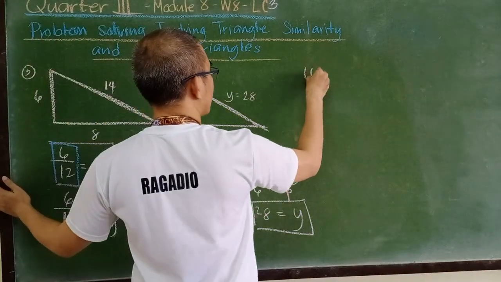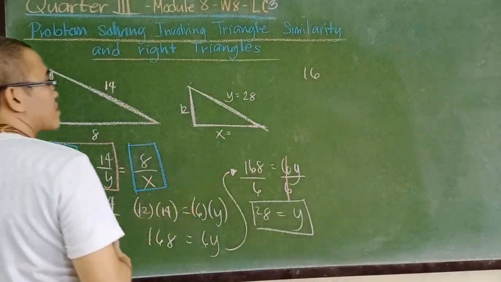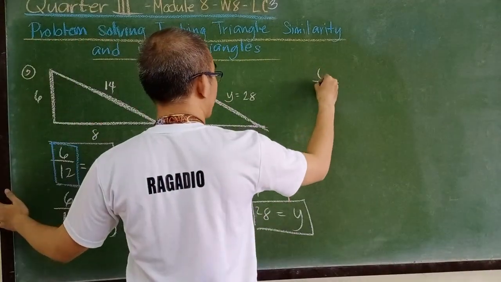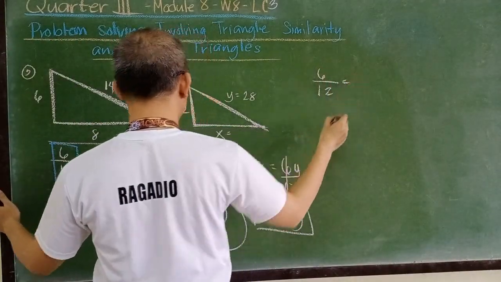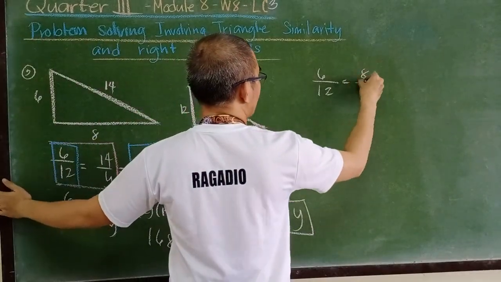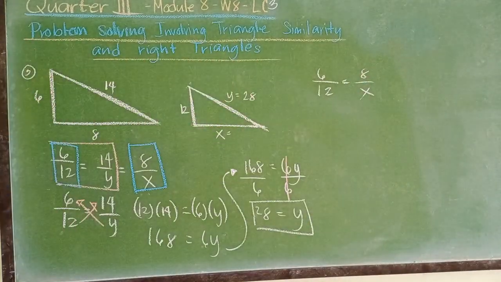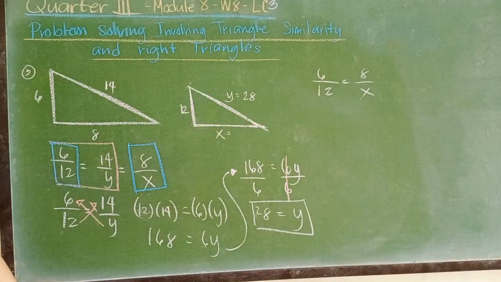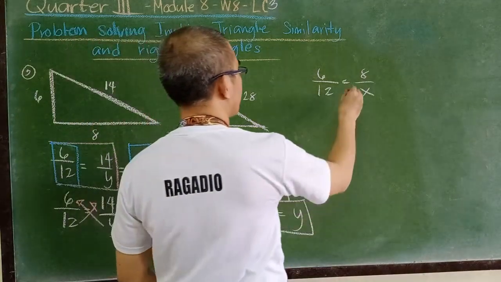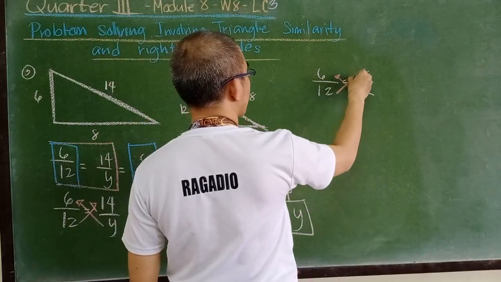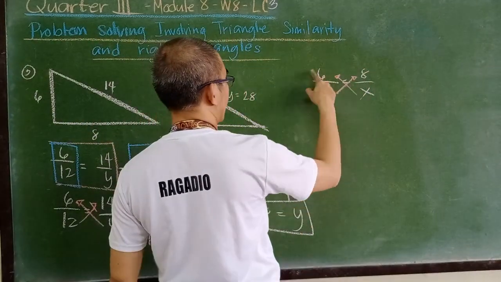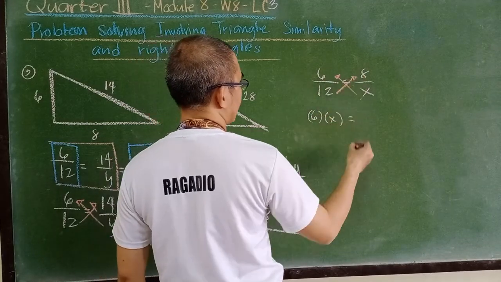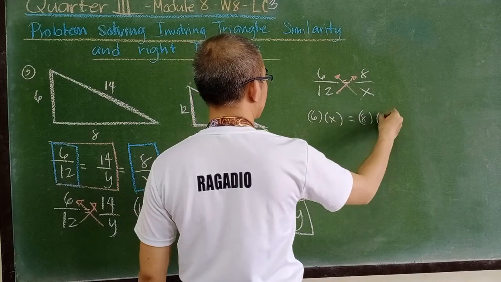So you have 6 over 12 is equal to 8 over x. So again, cross multiply. We have x times 6, that is 6 times x, and then 12 times 8, that is 8 times 12.